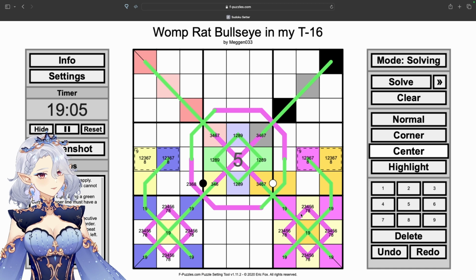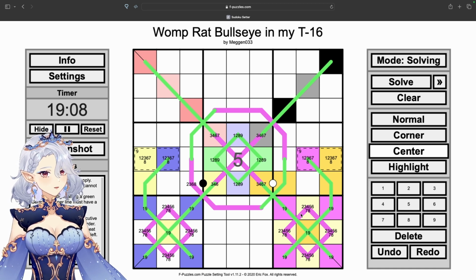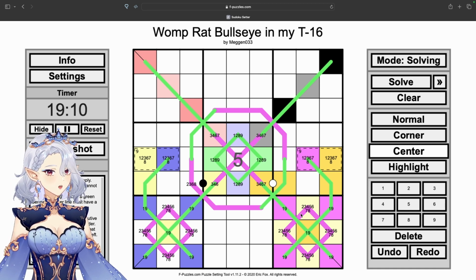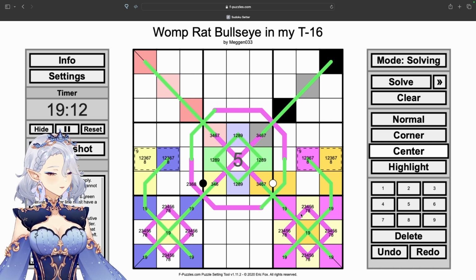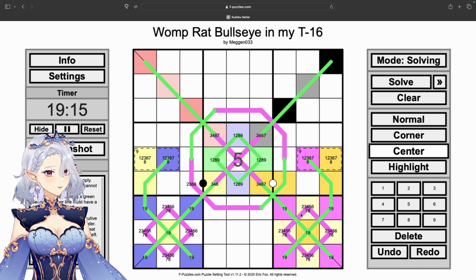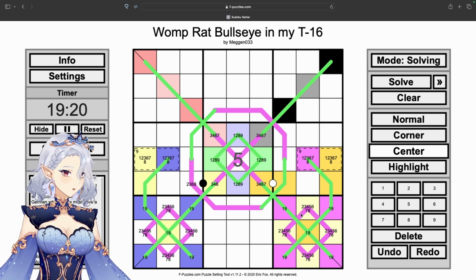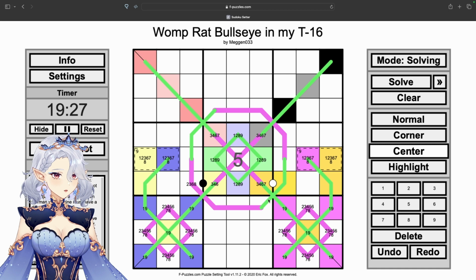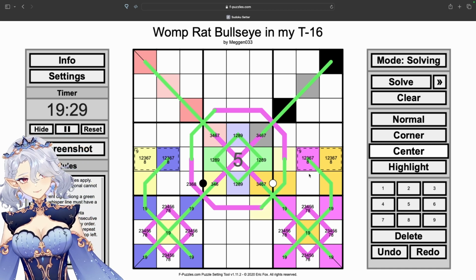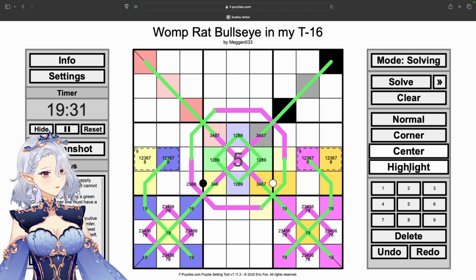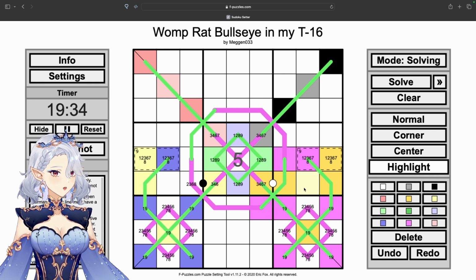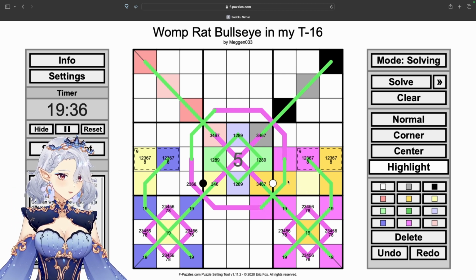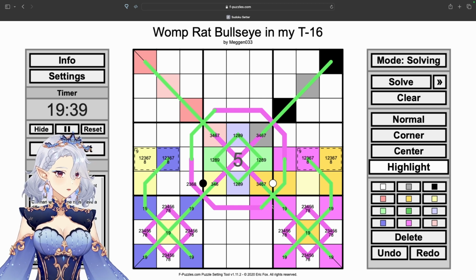Okay. Is there anything more that I know? If this one is yellow, these two have to be pink. Because on this line, if this one is a high number or a low number, these two have to be the opposite.